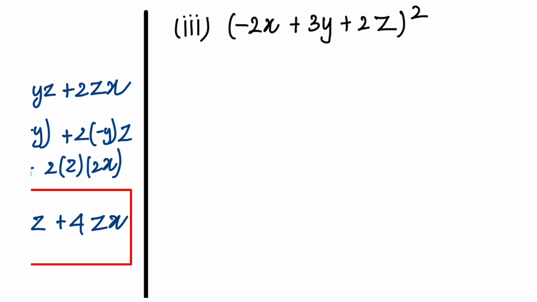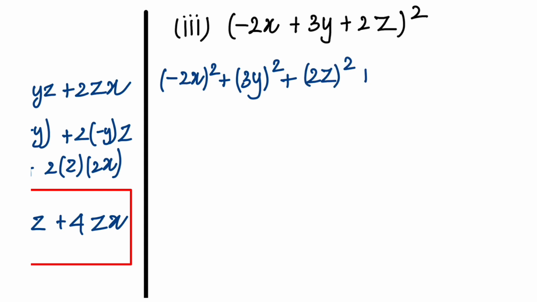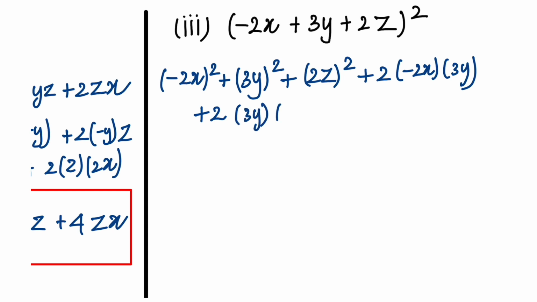So x squared is going to be minus 2x the whole squared plus y squared is going to be 3y the whole squared plus z squared is going to be 2z the whole squared plus 2 into xy, right? So minus 2x into 3y plus 2yz, so 3y into 2z, plus 2 into zx, right? So 2z minus 2x. So that is all the terms.